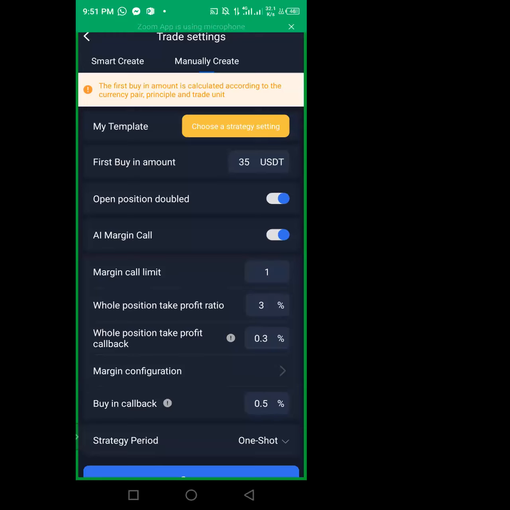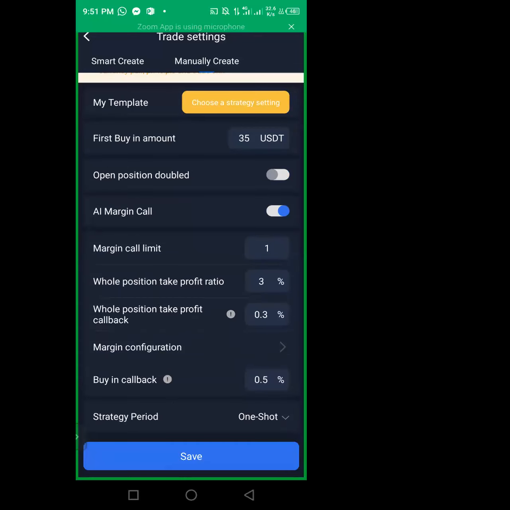You want to use 200 for this. So you open double position. It means that instead of the robot starting to trade with 35 USDT, it will do double of it. So now your first buy amount, what it will use to start this trade, is $70. So that is double. If you are not using it, please always turn it off.